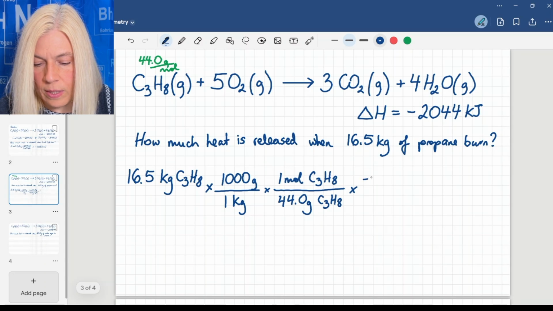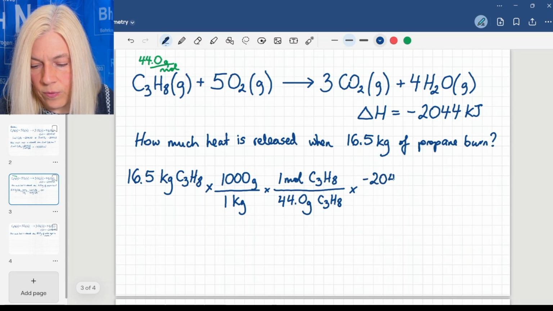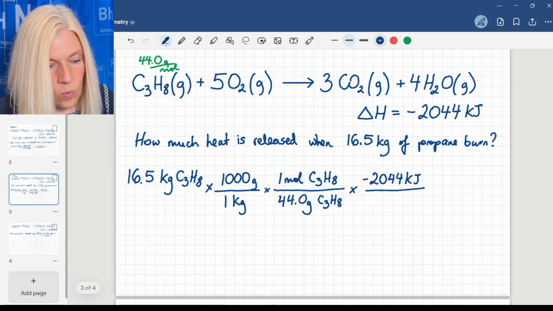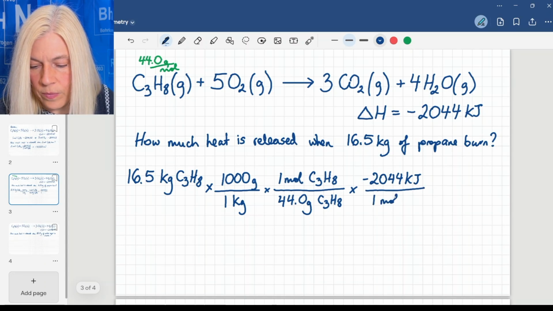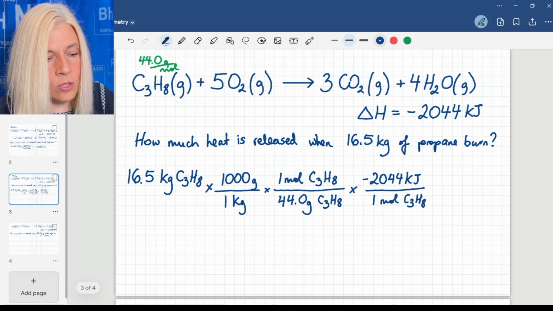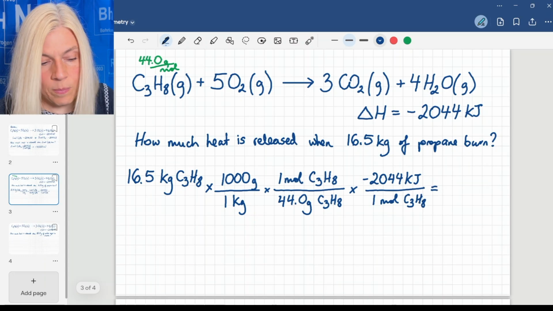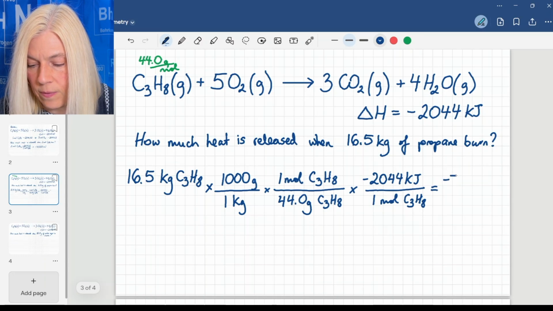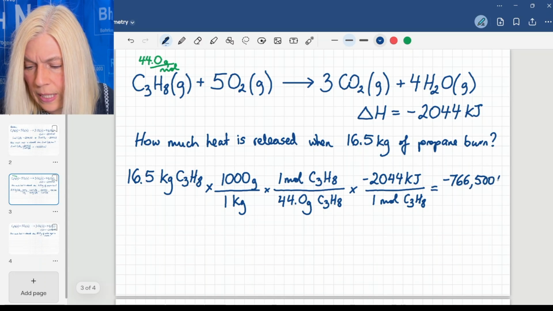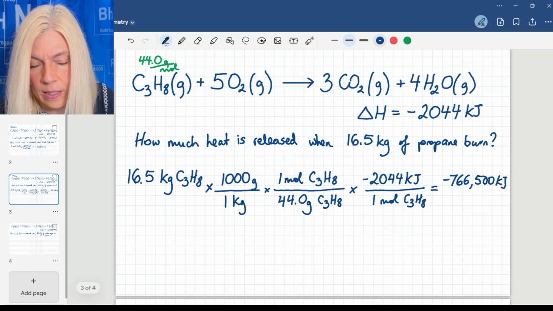There is negative 2044 kilojoules of heat released when 1 mole of propane burns, C3H8. So if we plug this number into a calculator, we get negative 766,500 kilojoules. That's a lot of energy.